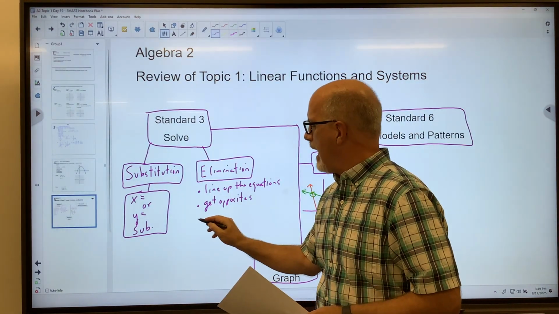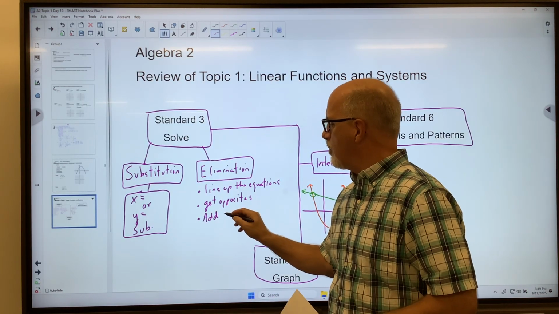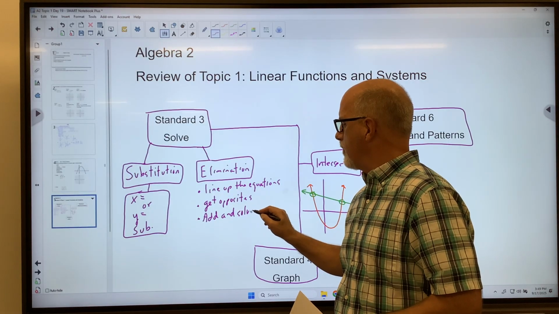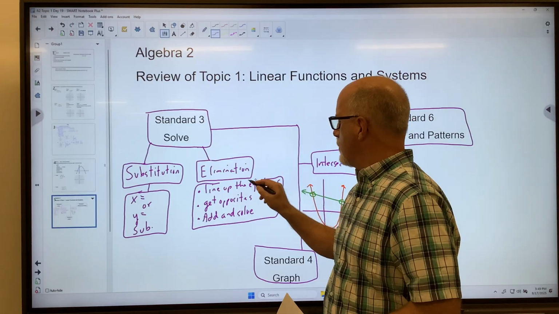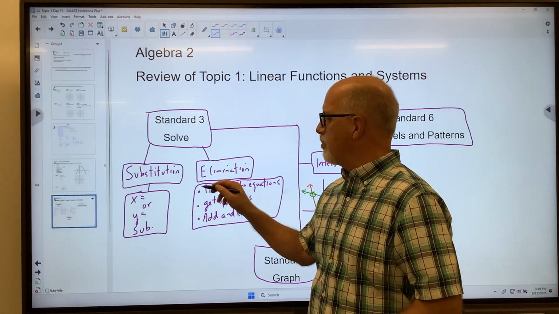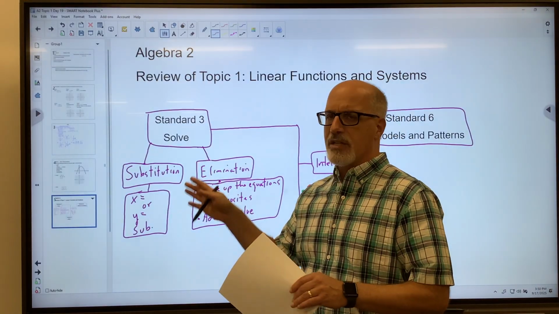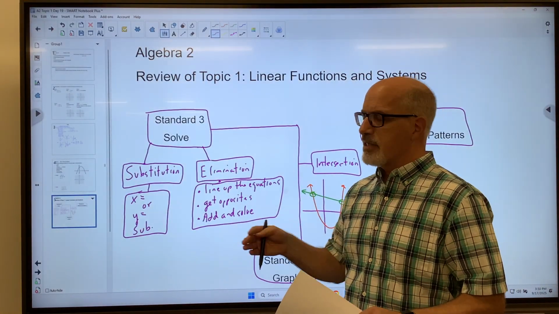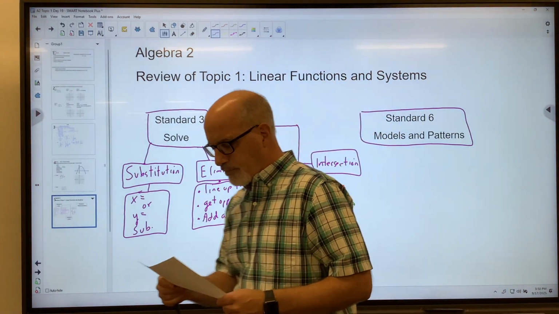And then you add together to eliminate one of the variables and solve. So those are the basic steps for doing both of these. Substitution is nice when you have one variable that doesn't have coefficients, and elimination is nice if you have the x, the y, and the equal signs all lined up.